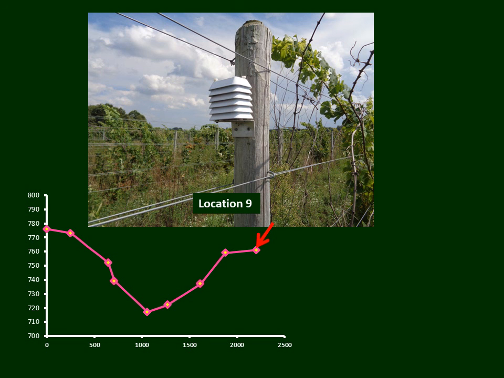If we look at that transect through the valley and its 9 locations, when I first began the study back in '05, there was no vineyard here. It was an open field, and I put a stake in the ground and put the temperature recording device 5 feet above ground, as is the standard procedure.